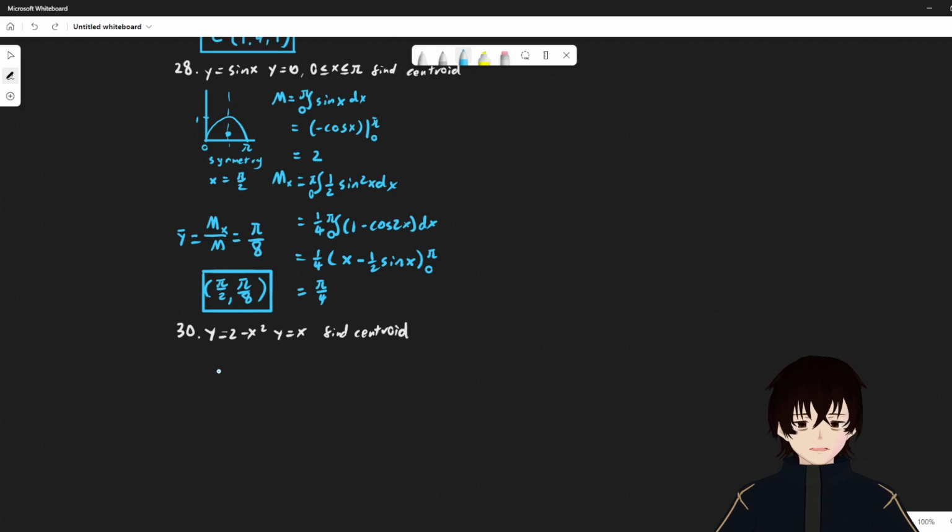And that makes things a lot easier. But actually, let's graph this equation first. Let's draw a little graph. Now, y equals 2 minus x squared. That's going to be a downward parabola.